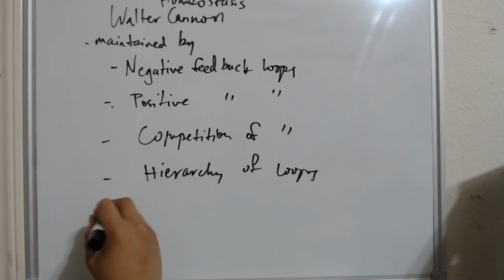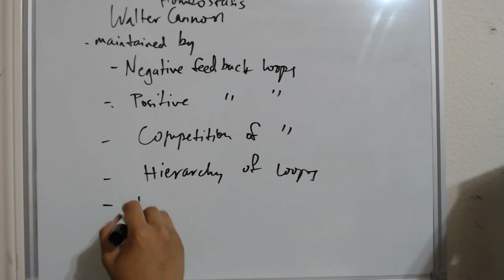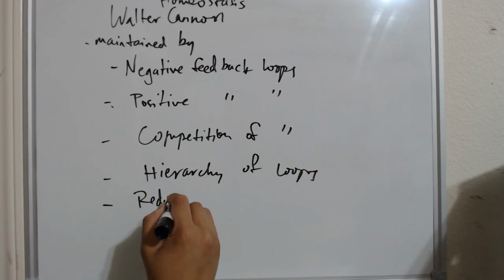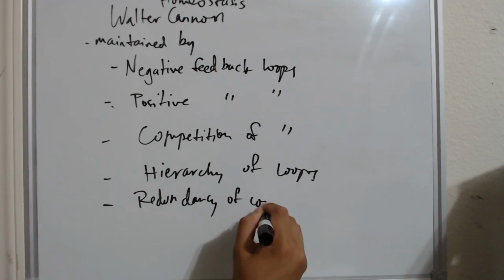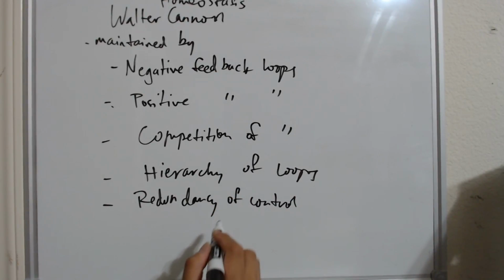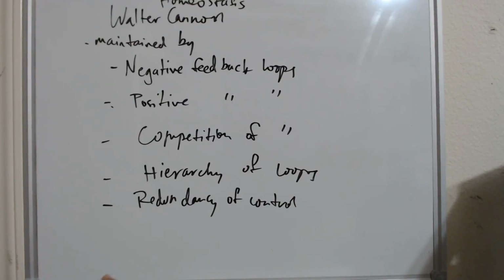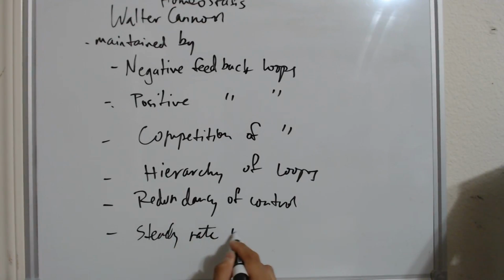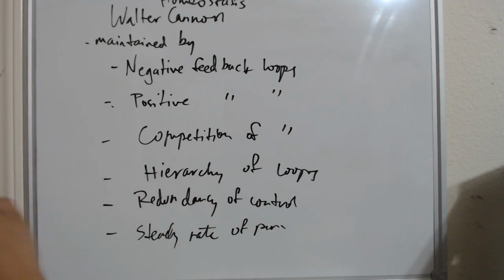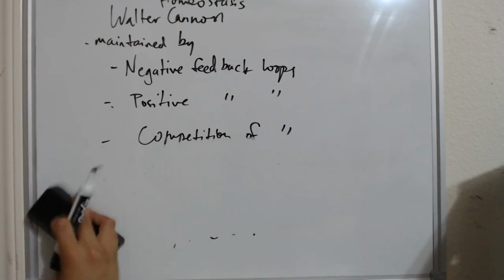Redundancy of control. I don't know what that means. And I don't know what the last one means either. It means steady rate of parameters that requires energy. Okay, whatever. Don't want to write that out. So that's what Walter Cannon talked about, maintenance.